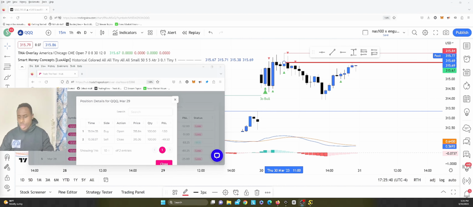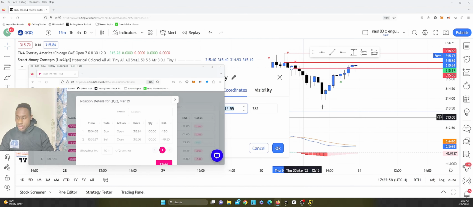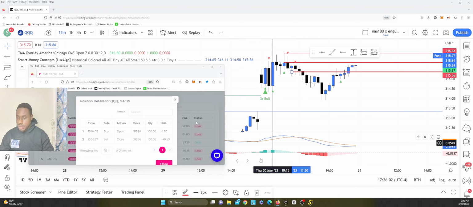Okay. So at 315.84, I entered to the buy side again, thinking it would have continued because I had a bullish engulfing candle here, right? And then it basically messed me up until 11:30, where it cut me out at 315.36 for a total loss of 49.50 or 51 on the entire trade.